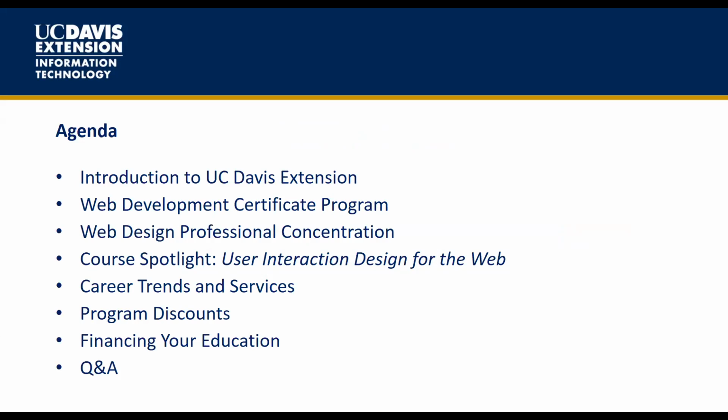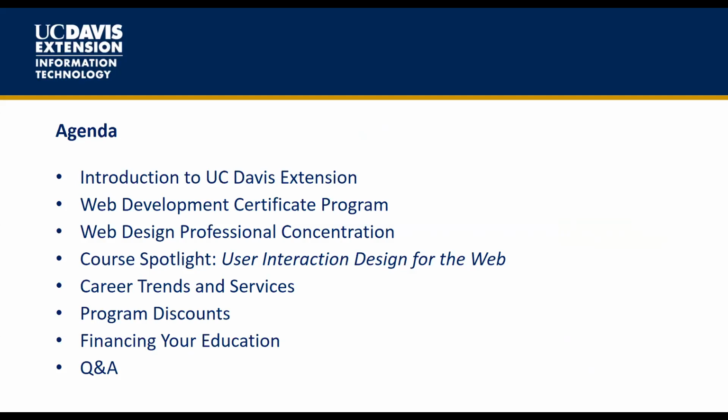To start us off, let's take a look at our agenda for this call. The first thing that we'll talk about is a little bit of an introduction to UC Davis Extension. And then Marissa will share some information about our web development certificate program and our web design professional concentration. Then we'll do a little bit of a course spotlight on our new course, User Interaction Design for the Web. Bill will share some information about that, and you'll have a chance to ask him questions.